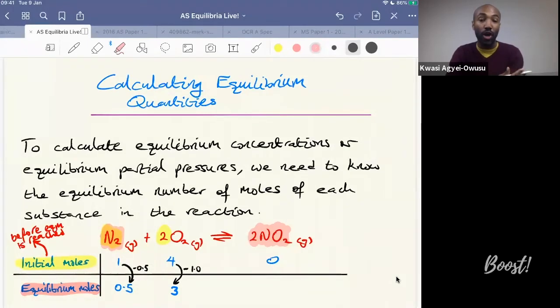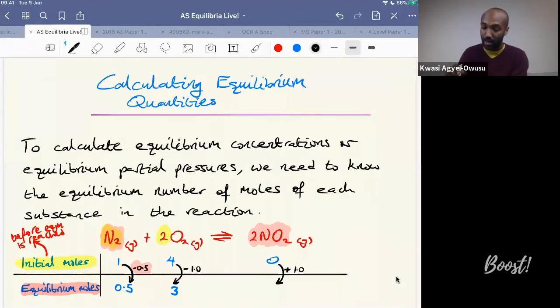So if we've got 0.5 moles of nitrogen reacting, we should expect to make 1 mole of nitrogen dioxide. Remember, a 1 to 2 ratio. So for 0.5 moles of our nitrogen, we should expect to make, or in other words gain, 1 mole of nitrogen dioxide.